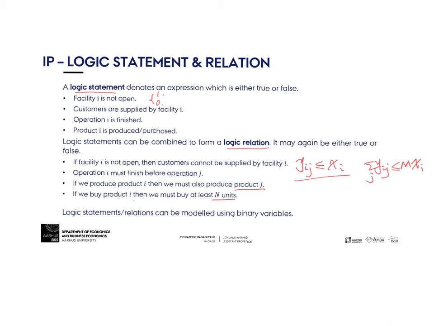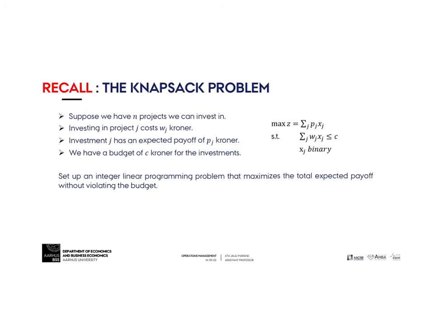In the next slides we talk about how to model these logic statements or relations by binary variables. We use the example of a knapsack problem. Suppose we have n projects, and you need to decide which projects to invest in.